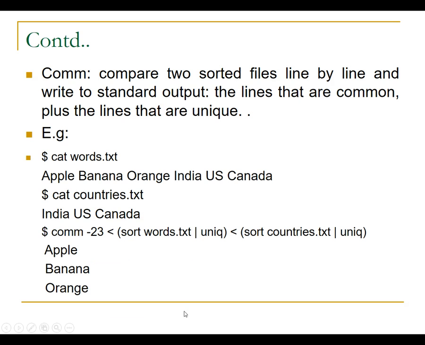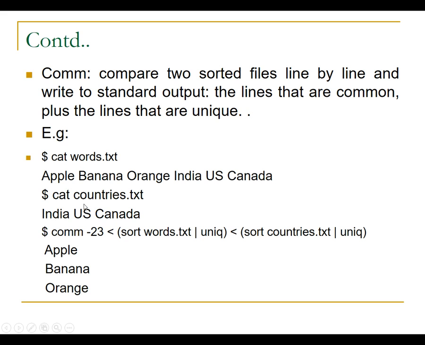Let's move on. Next one is the comm command. It compares two sorted files line by line and writes to the standard output the lines that are common plus the lines that are unique. I'm not going to perform this example right now, just mentioning what I have done.